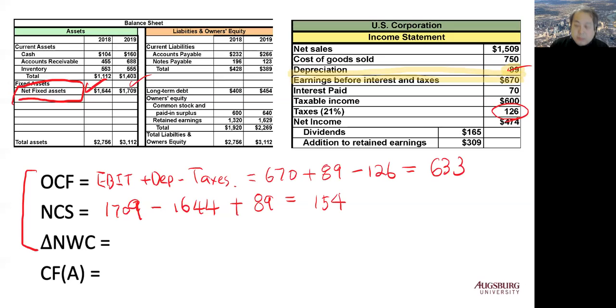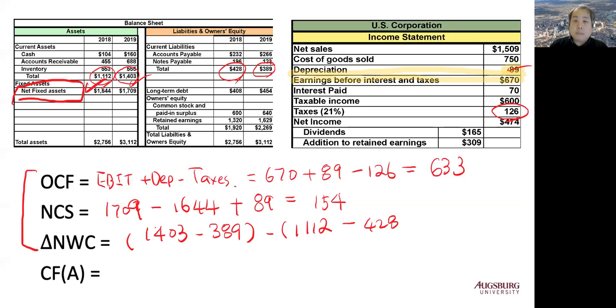For the current year, net working capital is $1,403 current asset minus $389 current liability, minus 1,112 last year current asset minus $428 last year current liability. If you calculate this, you're going to have $330.